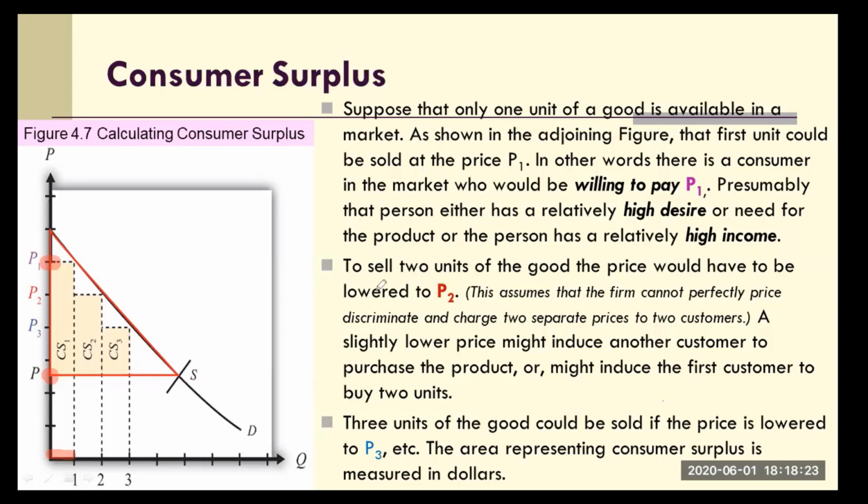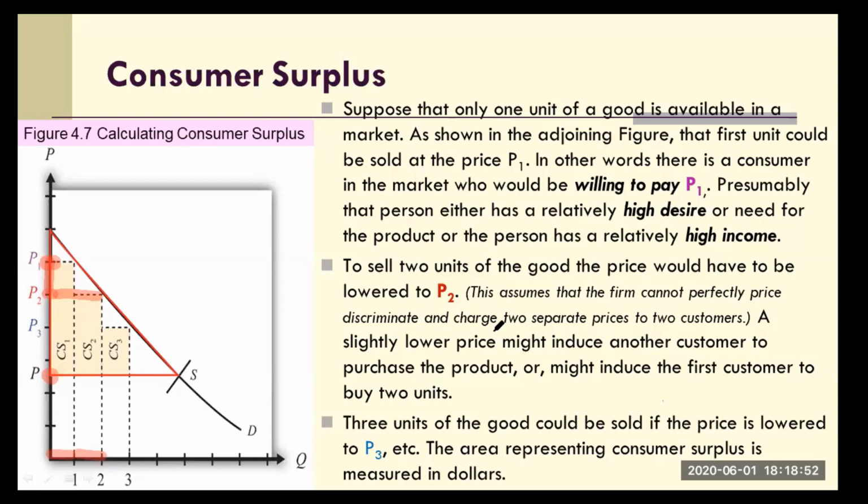To sell 2 units of a good, the price would have to be lower. Now the price is declining from P1 to P2. The assumption is that the firm cannot perfectly price discriminate and charge separate prices to two customers.